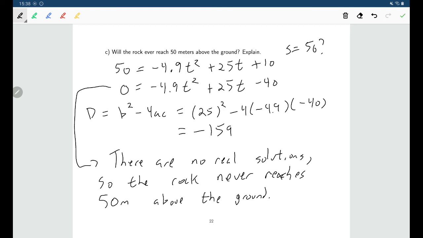We know that because the solutions to that equation would be the times where the rock is 50 meters above the ground. Since there are no real solutions, the rock never reaches 50 meters above the ground.